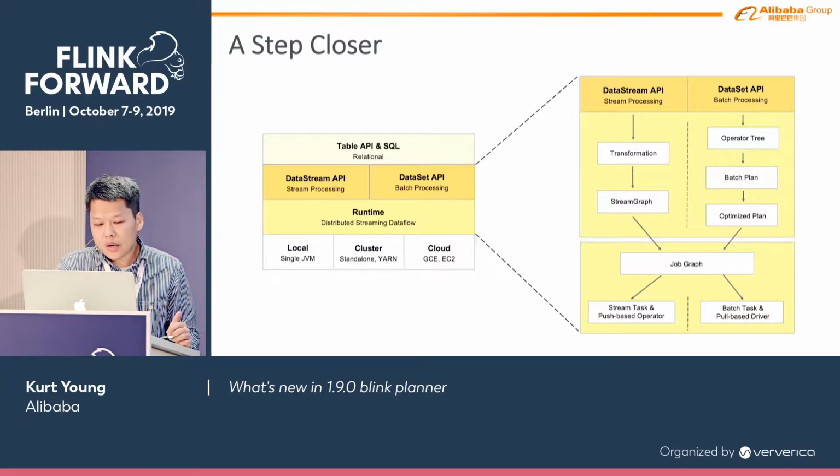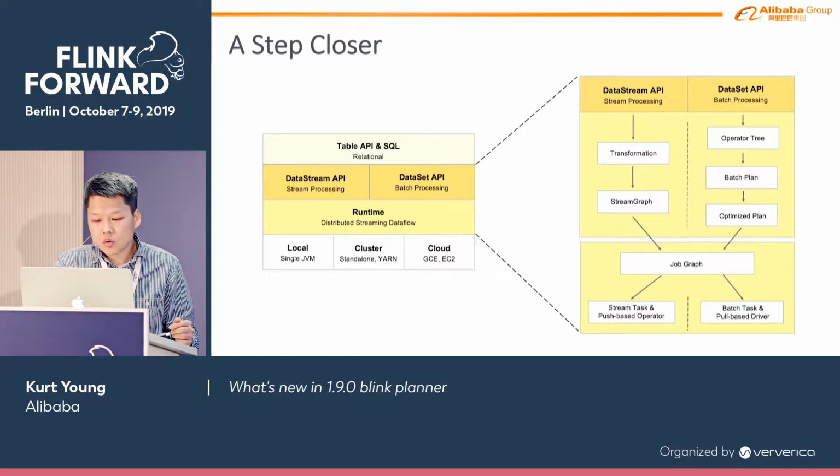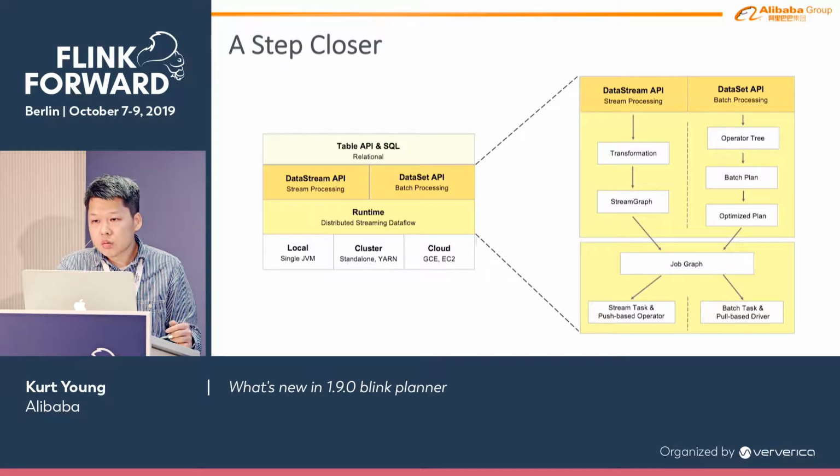He explained why there are two APIs for both streaming and batch, what the different requirements are for these two processing modes, and maybe some shortcomings. In short, we have too many duplications in the implementation details.